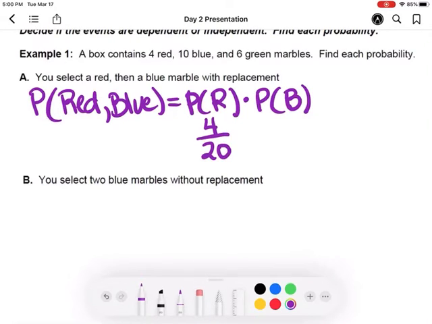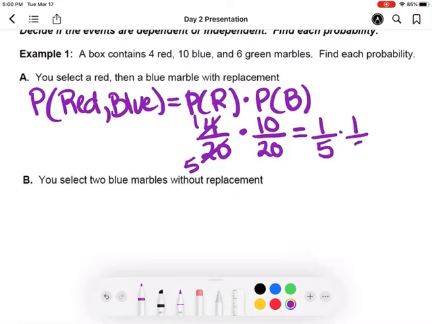Then we put that red marble back in and draw a blue, so that would be 10 out of 20. I like to reduce my fractions before I multiply through. So 1/5 times 1/2 would be a 1 in 10 chance that I would get a red on my first draw and a blue marble on my second draw.